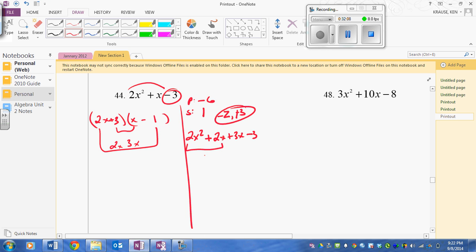Now these I can take out 2, left with x plus 1, plus 3x minus 1. And I screwed something up here.